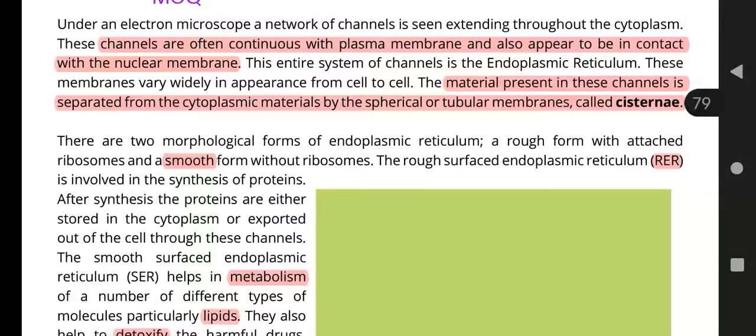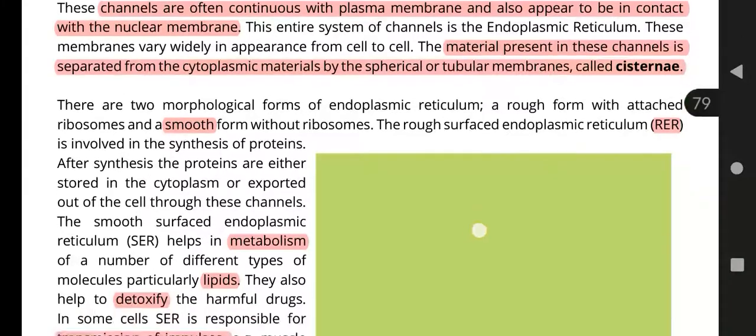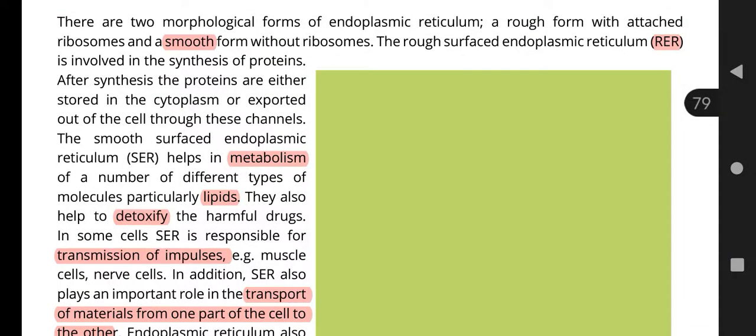And the smooth endoplasmic reticulum does many functions. For example, lipid metabolism, or the breakdown of lipids, is acted upon by the smooth endoplasmic reticulum, and many toxic substances may enter into the cell, and it detoxifies them.